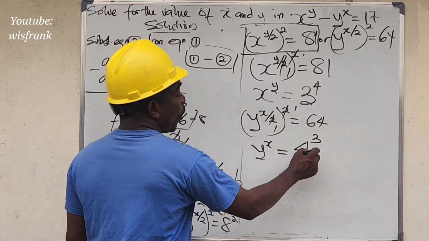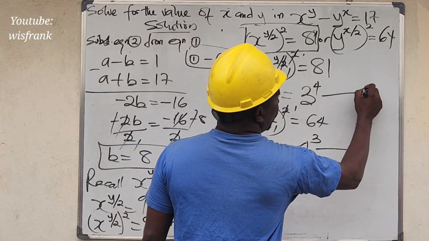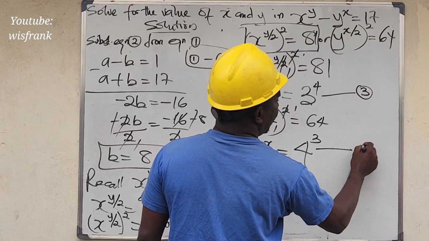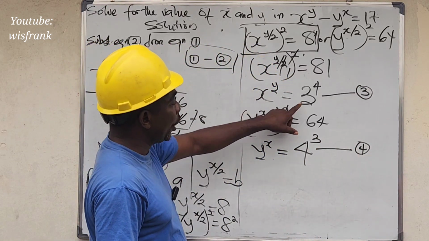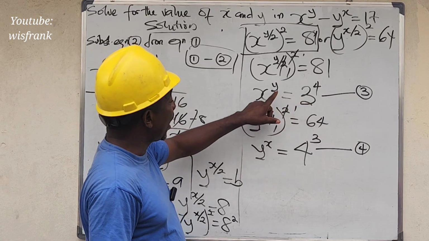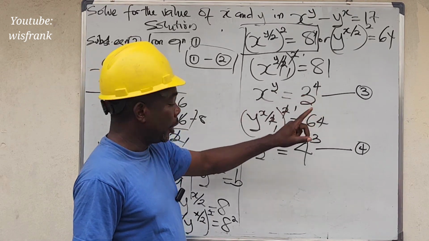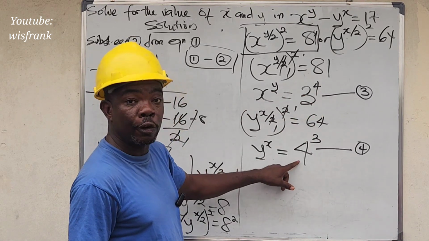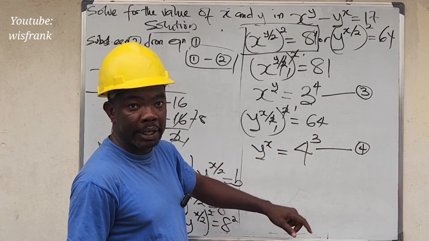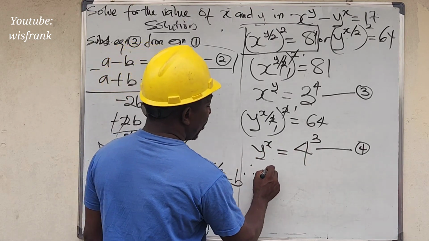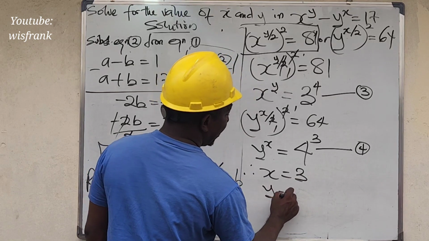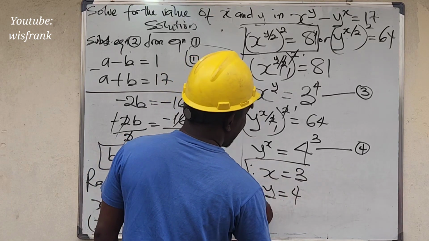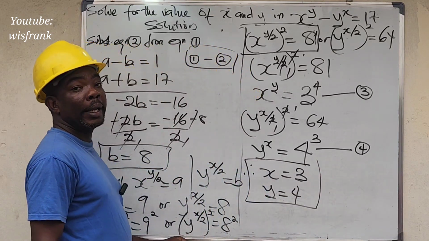By comparing equation 3 and equation 4, you can see that we have x equals 3, y equals 4. Here we have y equals 4 and x equals 3. Therefore, we deduce that x equals 3 and y equals 4. So these are the values of x and y that we have.